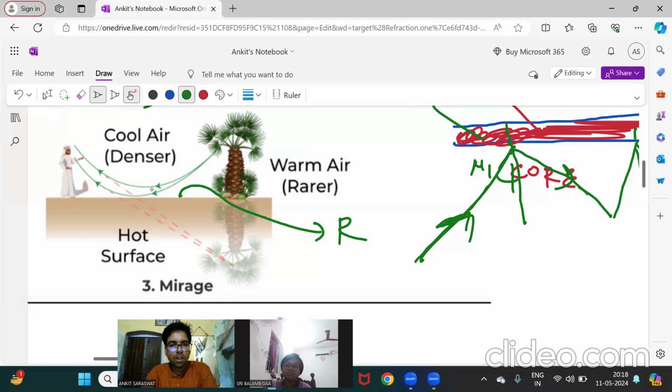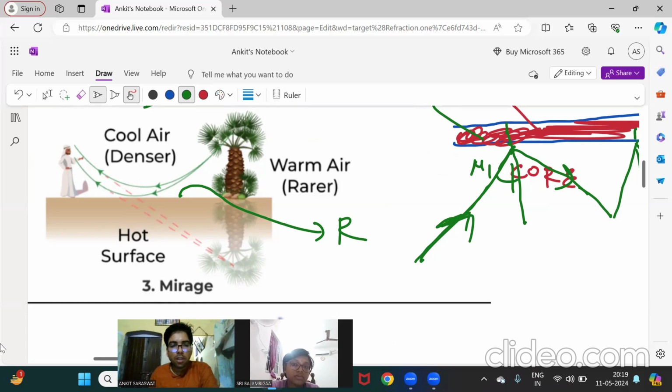TIR happens. It is reflecting, again TIR. Then he will think light is coming from this point. Then he will see the inverted image of this tree and he finds there is some water, but there is no water. This is known as mirage.